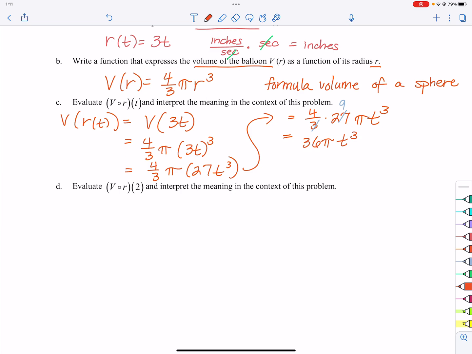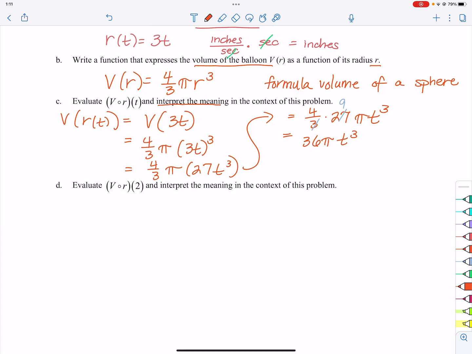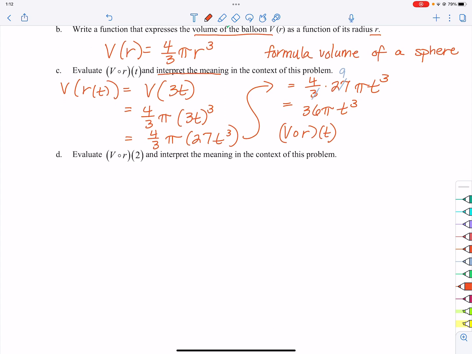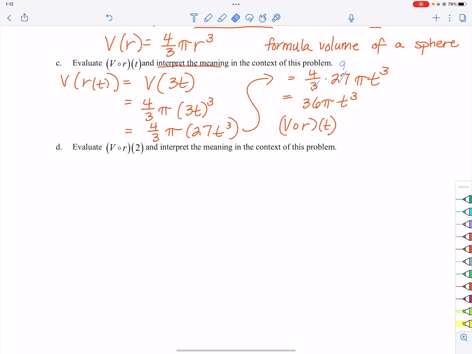And it wants us to interpret this meaning. And so basically, this function, v composed with r of t, is the volume of the balloon at time t. You can see the t here.